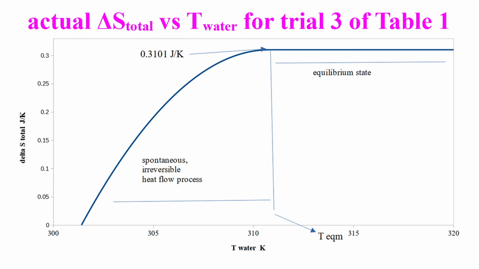In other words, S total keeps increasing as more and more heat flow occurs from the hot aluminum to the cold water. It reaches a maximum at the equilibrium temperature, after which it does not change in actuality.